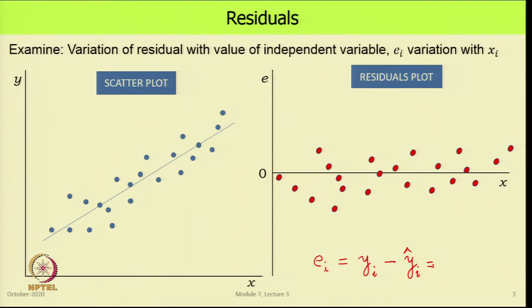Or to make it more clear, we could write this as y_i minus y hat, which means the predicted value from the sample correlation at x_i. And we saw one use of the residual in developing the methodology for getting the regression constants.